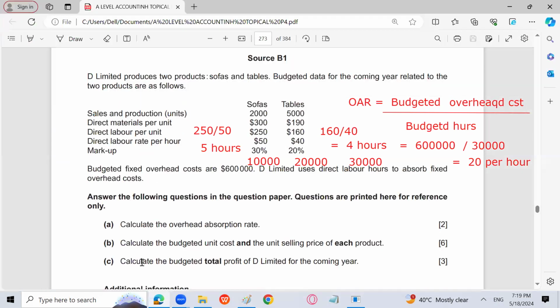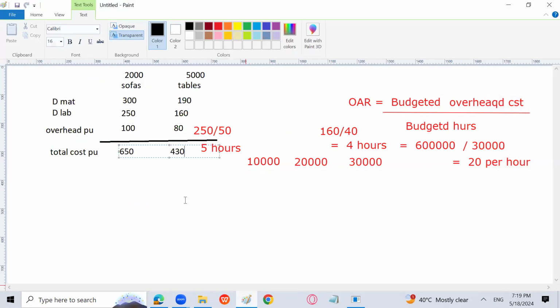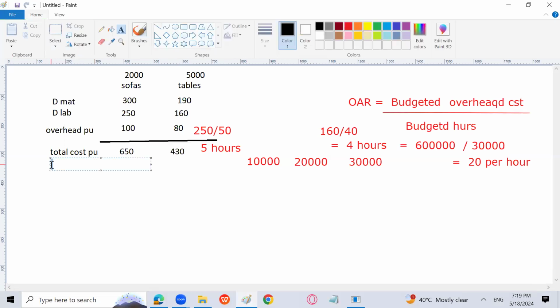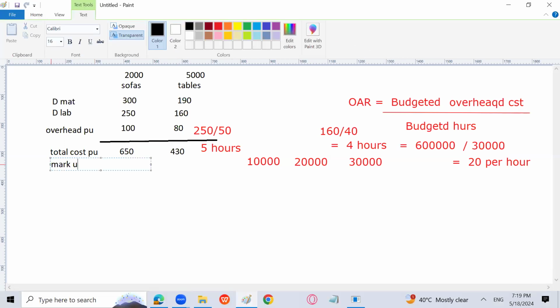So let's move toward the question. So budgeted unit cost, and you have to find the unit selling price also. In order to find the unit selling price, markup is already given in the question, that is 30% and 20%, right? 30% and 20%. So you will multiply it to calculate the markup.